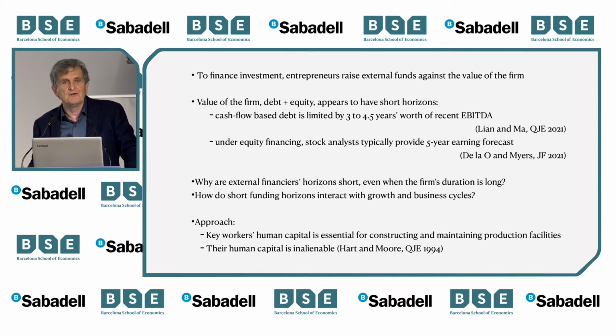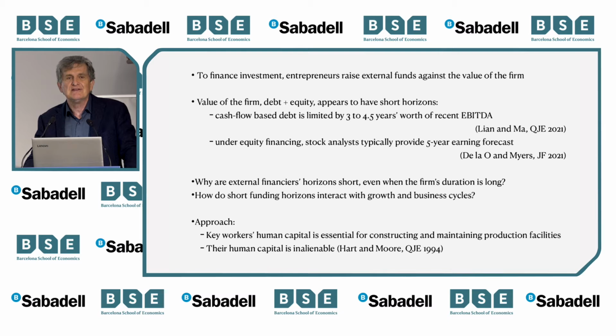So, for example, on debt financing, there's a very important paper by Lian and Ma in the QJE last year, and one of their findings was that often debt is subject to covenants where they stipulate the firm can't borrow more than, say, 3 to 4.5 times the earnings before interest, tax, depreciation, and amortization.